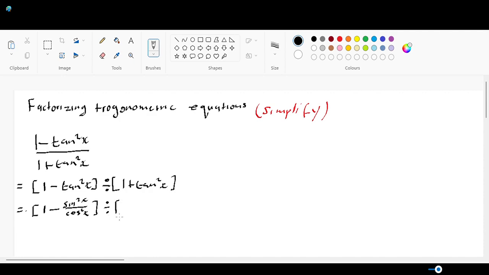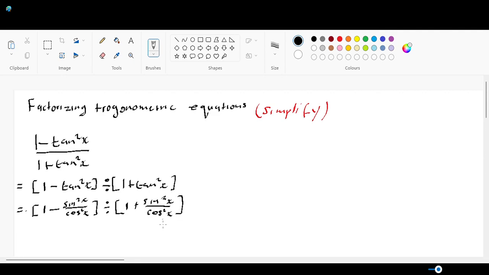By the way, this is available on one of the videos whereby I explain the reciprocals and also the quotient identities. So we have to change this one as well. We can say 1 plus sine squared x divided by cos squared x.